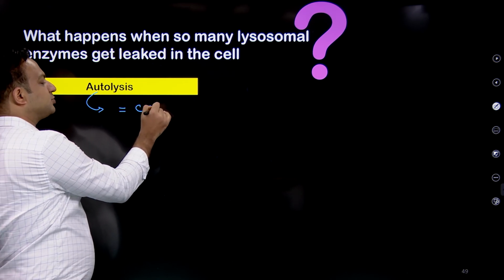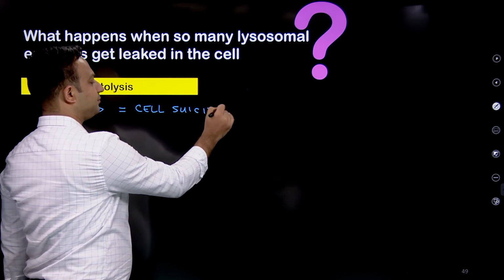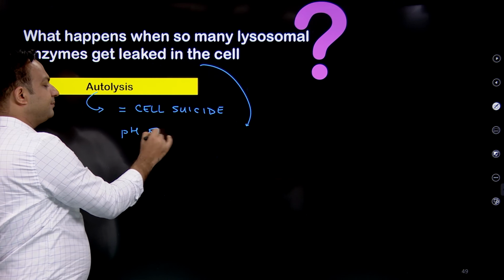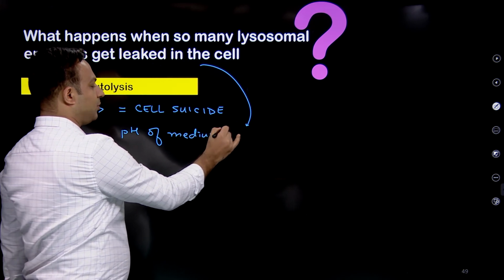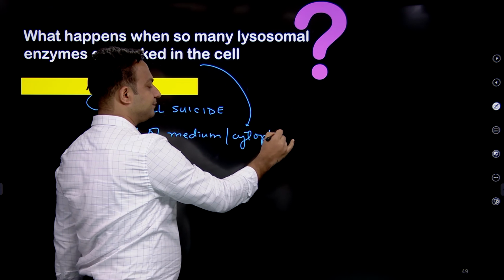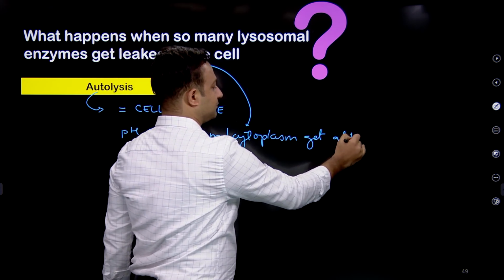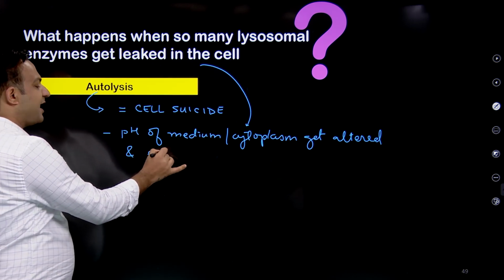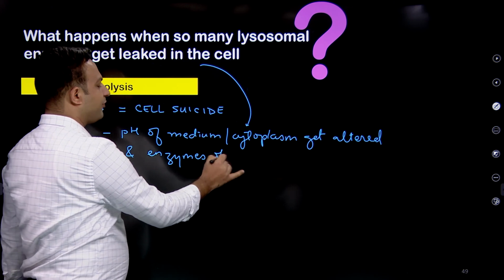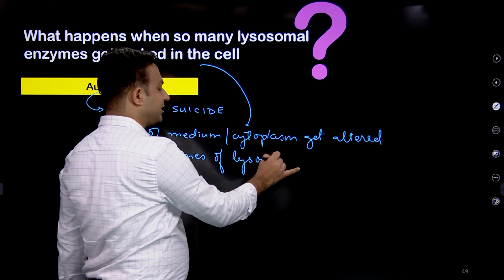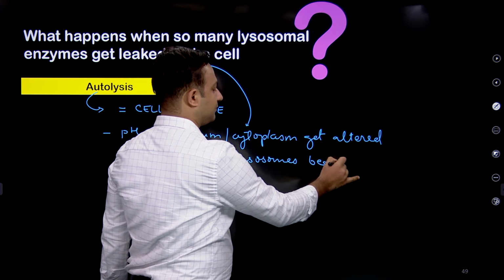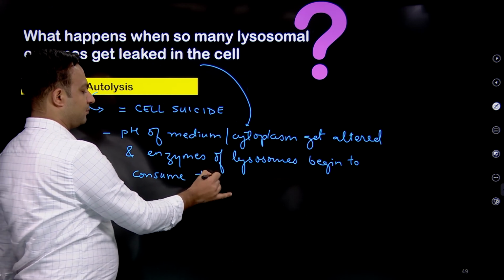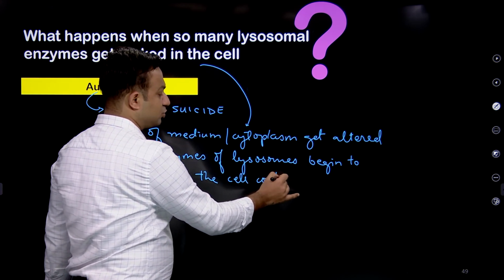This is equivalent to cell suicide. Why? Because in these cases, the pH of the medium or the cytoplasm gets altered, and the enzymes of the lysosome begin to consume the cellular content, which is useful also.